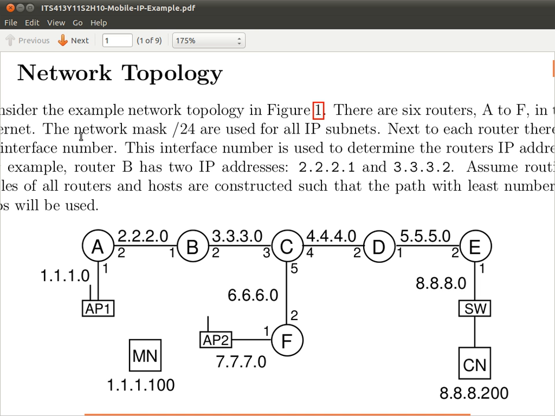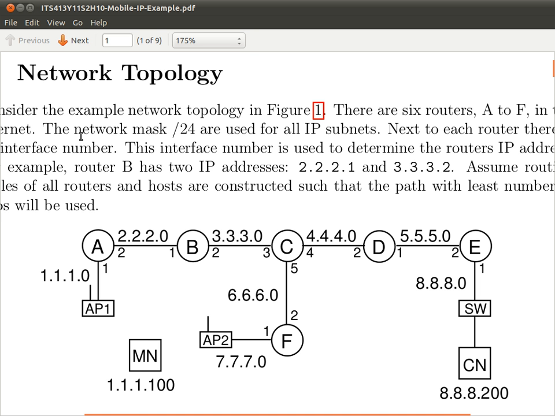We'll go through the data delivery, in this case looking at the simplest case, from mobile node to correspondent node. Say we're in a voice call, we're sending IP packets to the correspondent node, then we create an IP packet at the mobile node. What's the source address?